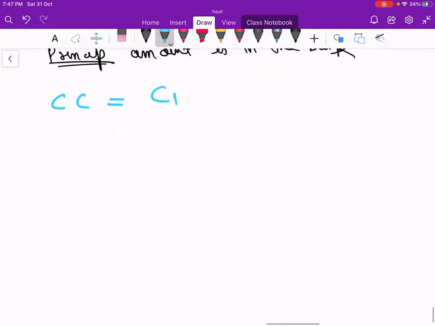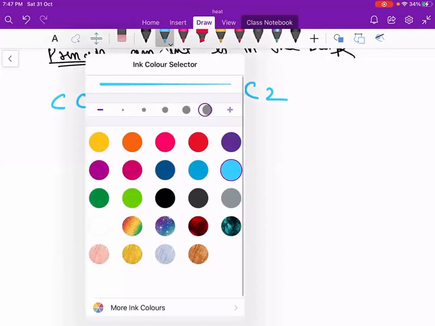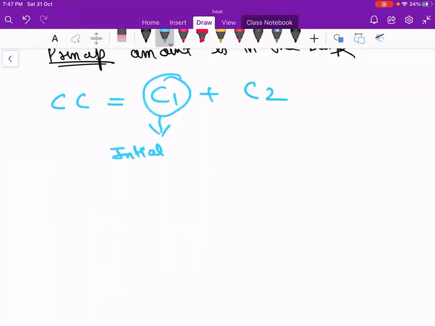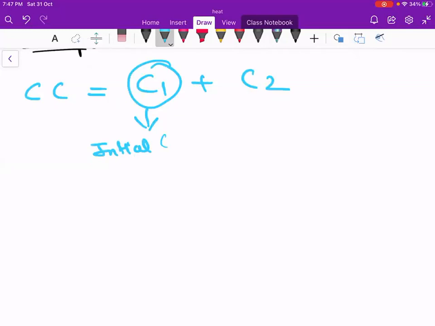Capitalized cost equals, suppose, C1 plus C2. So what is C1? You can say that it is the initial cost of the equipment. This is C1.